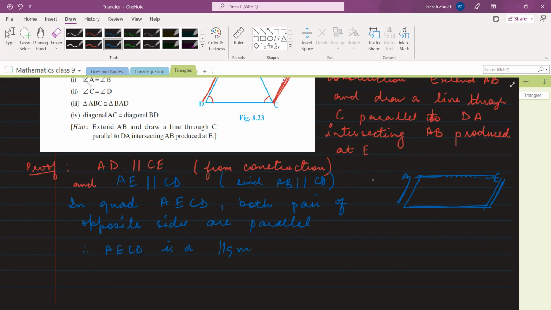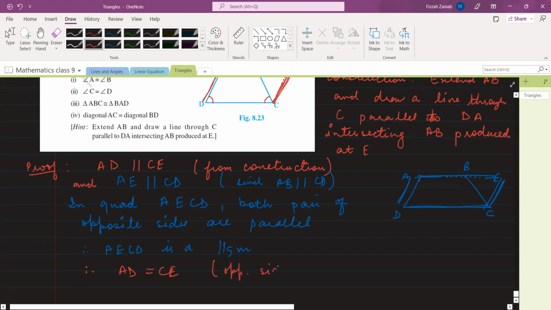Now it's a parallelogram, so the figure is like this, if you can see. This is AE and CD. Because it's a parallelogram, can I say that AD is equal to CE? That also I can say. Yes, ma'am. Because opposite sides are equal in a parallelogram.